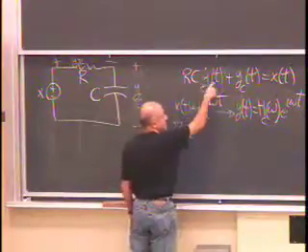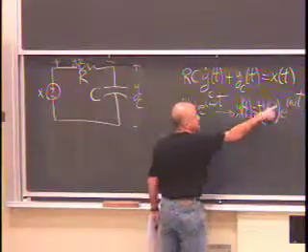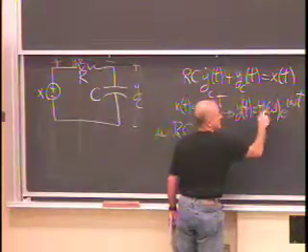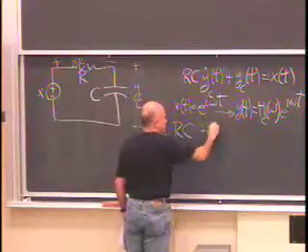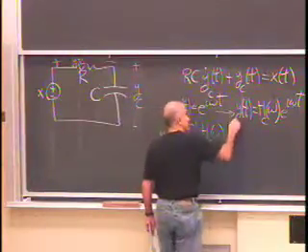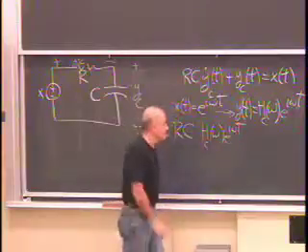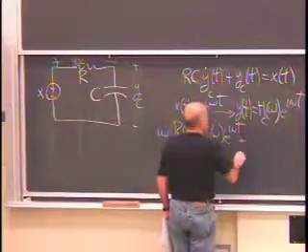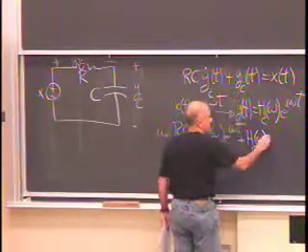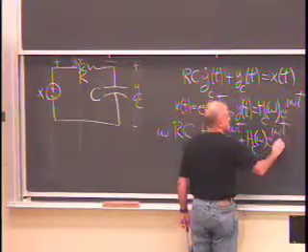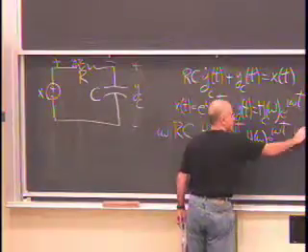You get a derivative of y is I omega times H sub C times the complex exponential, plus the output itself, equals the input.